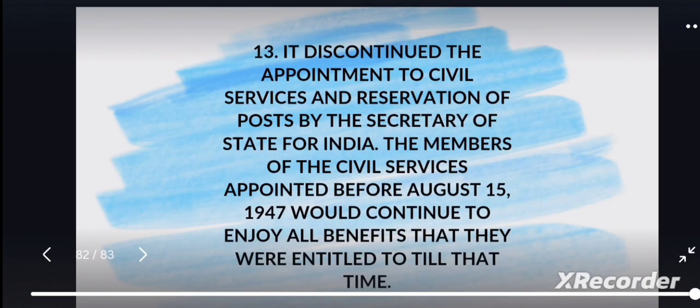It discontinued the appointment to civil service and reservation of posts by the Secretary of State for India. The members of the civil service appointed before August 15, 1947 would continue to enjoy all the benefits that they were entitled to till that time.